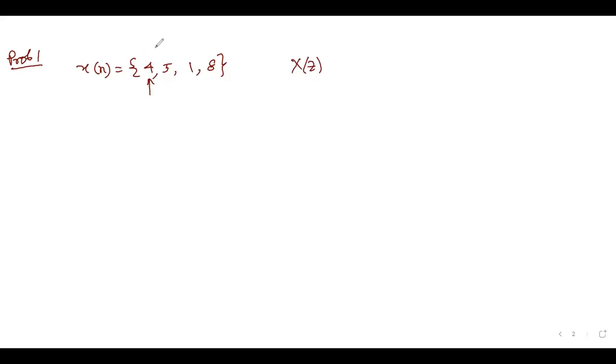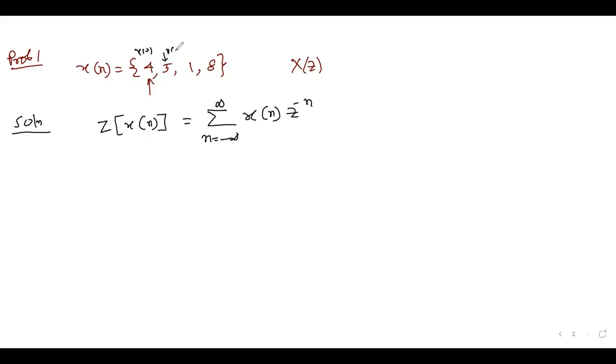So what will be the solution? What will be the z transform? We know the z transform of x[n] is the summation from minus infinity to plus infinity of x[n] z to the power minus n. So here this is x0, the sample value at origin, this is x1, this is x2, this is x3, and since all other values are 0 because it is not given, we can write this as summation n equal to 0 to 3.